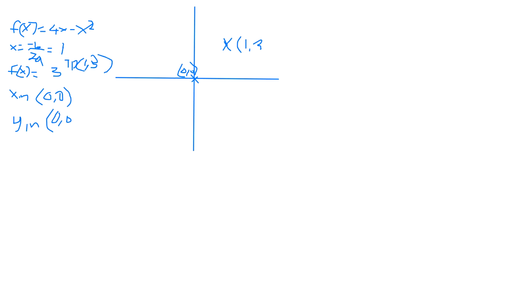I'm so sorry. X int is not only 0, because for our x int, we are going to take x out. When I take x out, I'll get 4 minus x. Have you seen? So I'll have x in 0 and 0, and I can get 4 and 0.